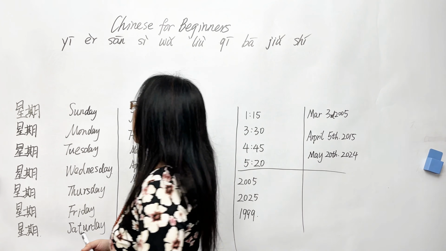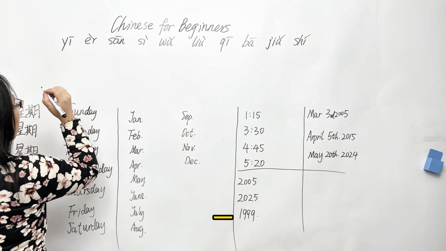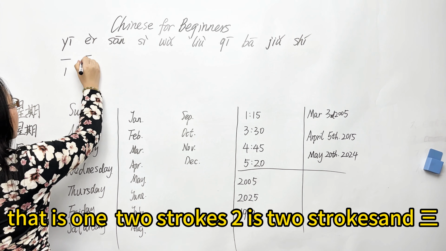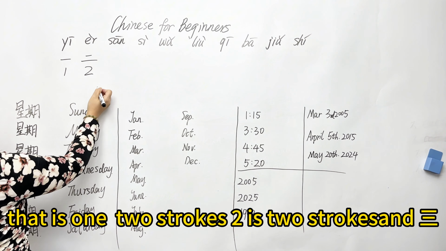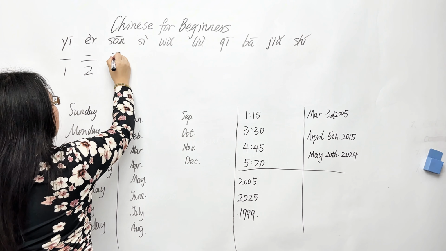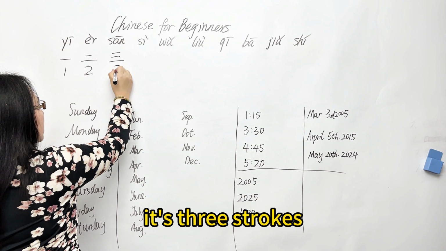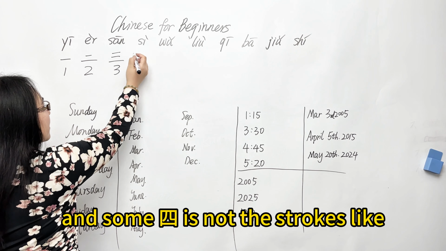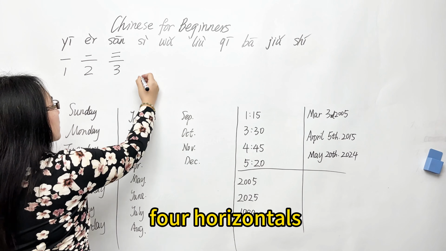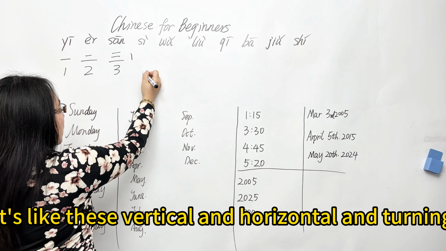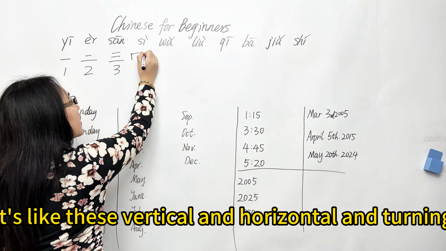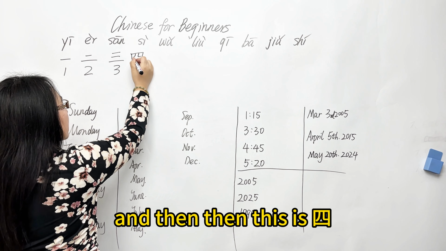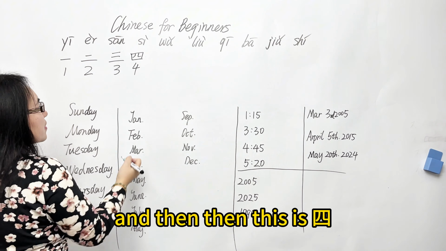Okay, first, 一, that is 1. 二, 2 strokes, that is 2. And 三, it's 3 strokes. And 四, 4 is not 4 horizontals. It's like this: vertical and horizontal and turning, and then this is 4.